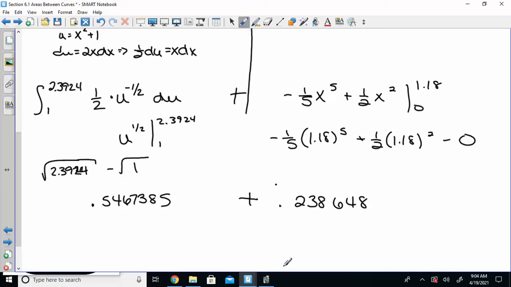So if we add those together, we get about 0.7854 approximately.